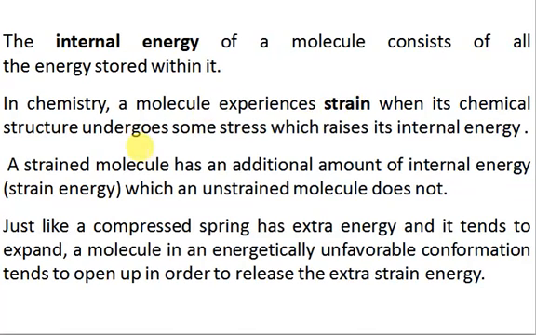And because of stress, the molecule has some sort of strain in it. This strain causes the molecule to become unstable and increases its internal energy. Just remember that whenever a molecule is unstable, it will have higher strain and its internal energy will increase, right?